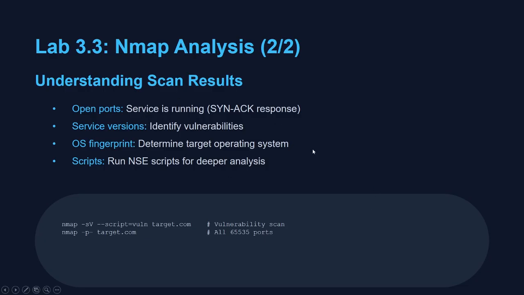Once we have identified what the live PCs are, we're supposed to find the open ports. Okay, and service version, we can find service version also, so that we can identify the vulnerabilities, and then we can do OS fingerprinting to determine the target operating system, and also we have NSE scripts for deeper analysis, scripts made from Nmap. Okay, they're ready-made, you can check.